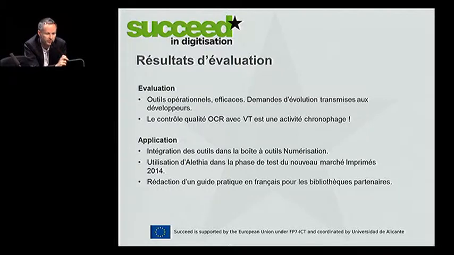And we are currently drafting a practical guide in French to ensure that these tools, which are easy to use for library practitioners, will be used by many people, not just by specialists. So it will be a guide for French-speaking universities in particular.